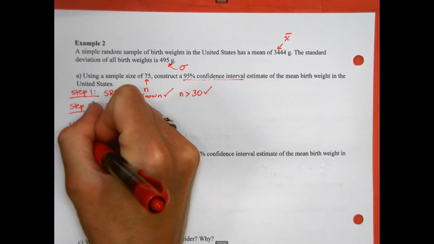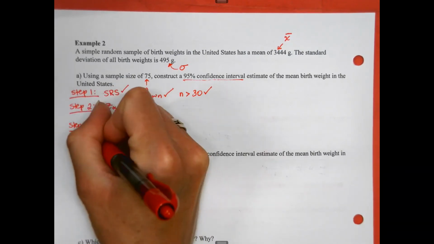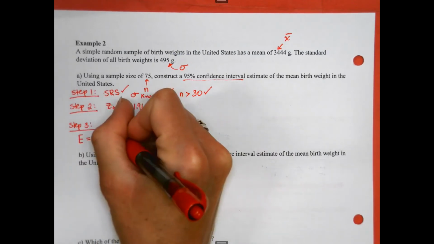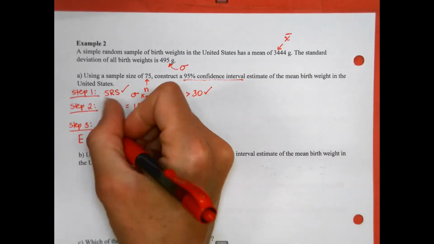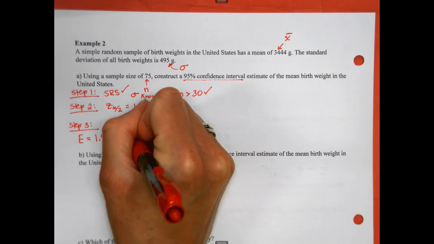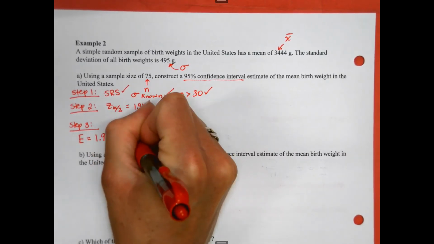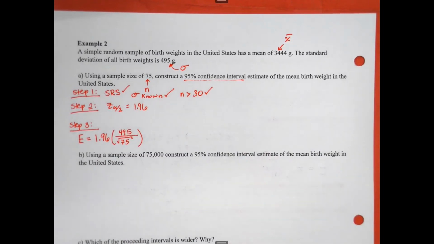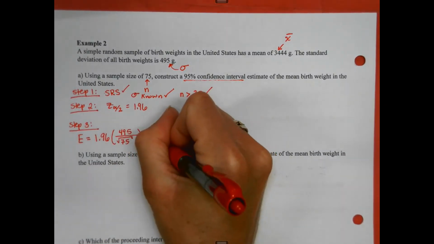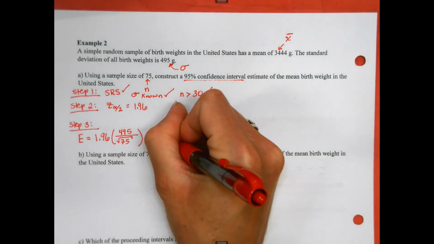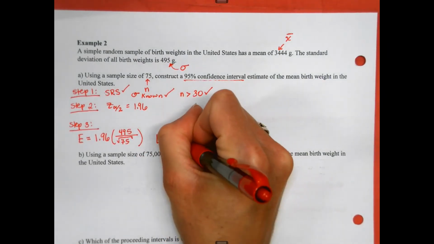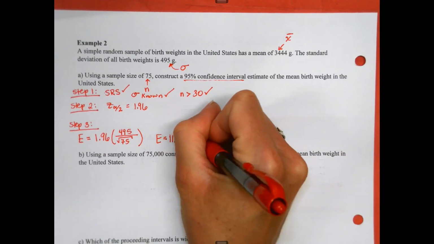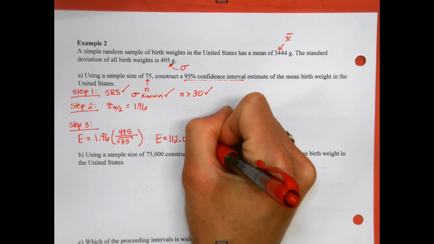The way that we find our margin of error is our critical value times the standard deviation of our population divided by the square root of our sample size, which here happens to be 75. We use our calculator and we find out that E is 112.0290462.